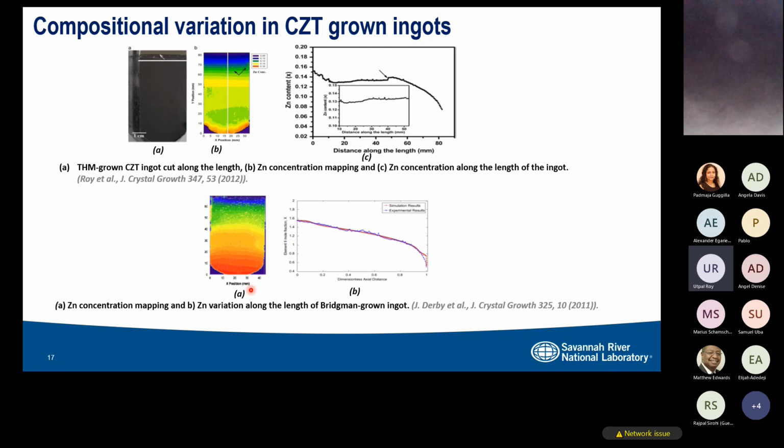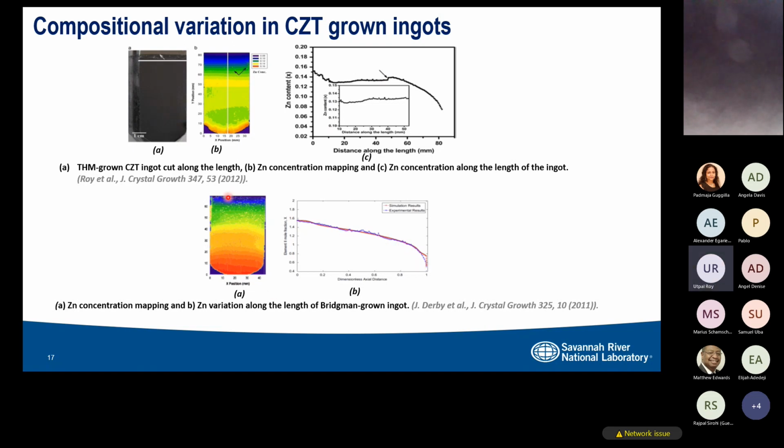And if you grow by the Bridgman technique, you see the concentration of zinc keeps on decreasing from bottom to top. The bottom is where the crystal started growing, first grew, and then it grew upward. So as you go from bottom to top, your zinc basically keeps on decreasing.